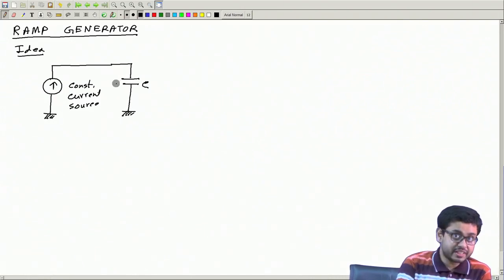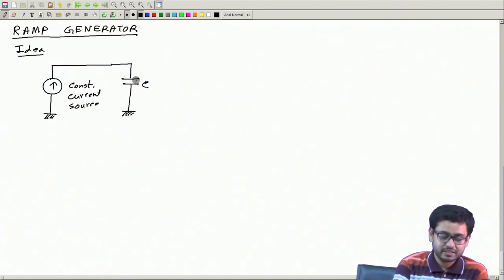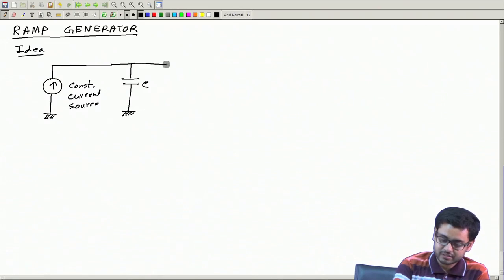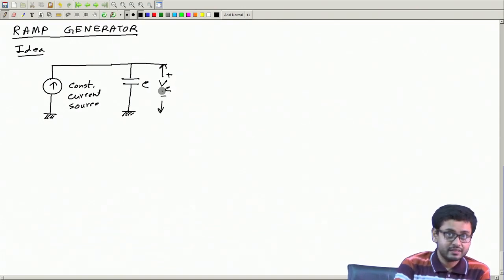This current is constant, which means the voltage across this capacitor, call it V C, this will increase linearly, right?